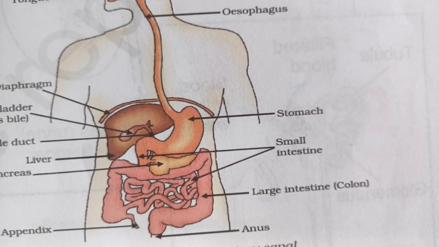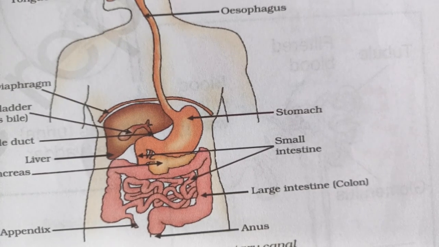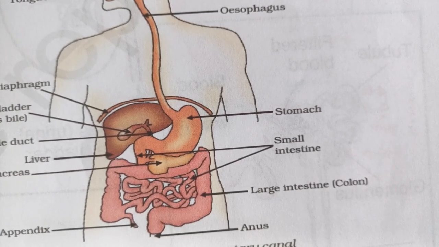Other functions are also carried out here. There is absorption of certain nutrients that takes place inside the stomach, and also acid helps to neutralize various bacteria and microorganisms that may enter along with the food.